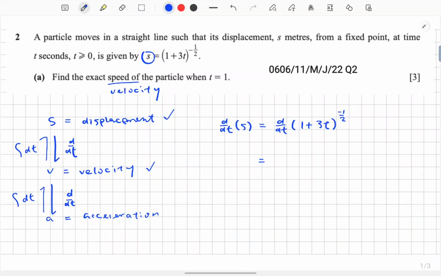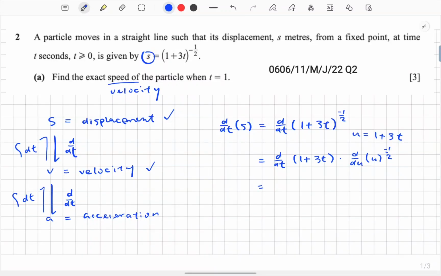We will not go into details of how to do differentiation. We've explained it in previous videos already, so I'll just do it. Here we use the chain rule, and we use u to express 1 + 3t.